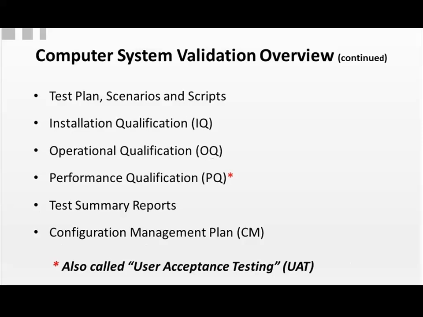Particularly in the OQ and PQ, you're going to be putting together cases and scenarios for how the system will be used, what functionality will be tested, and specific test scripts to make sure every requirement is thoroughly tested. Test summary reports should be developed as well. So you'll want a test summary report for each phase, or one that covers all three phases. Either way is acceptable.